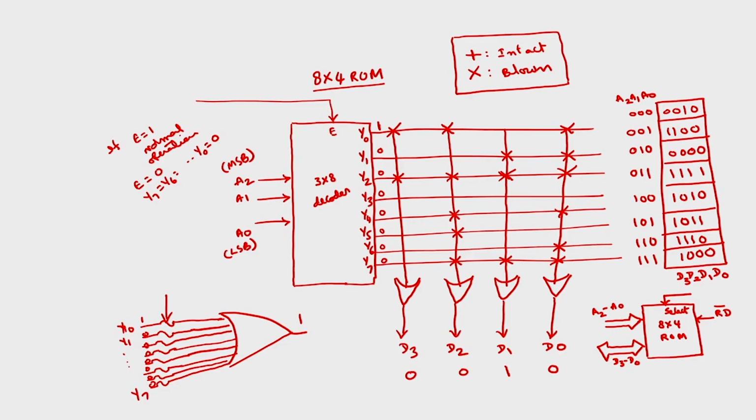There is no memory storage element. So, that is why read only memory is a combinational circuit. ROM is a combinational circuit. And there is no feedback also. Whereas random access memory can be built by using flip flops. So, this is a sequential circuit.